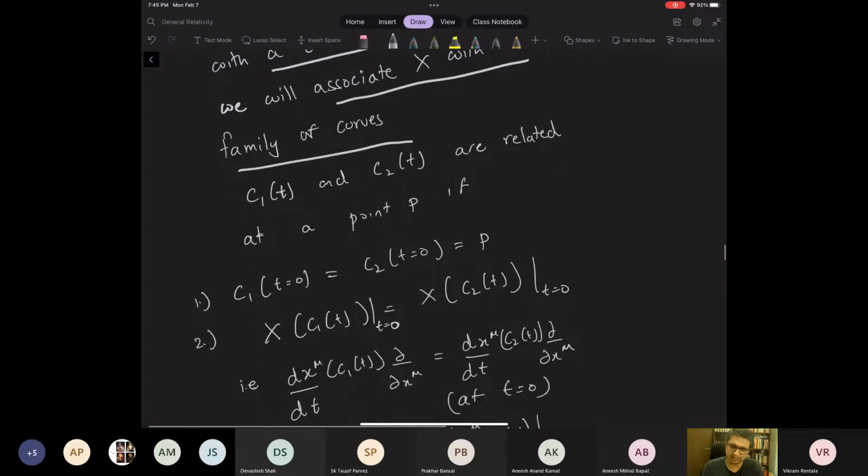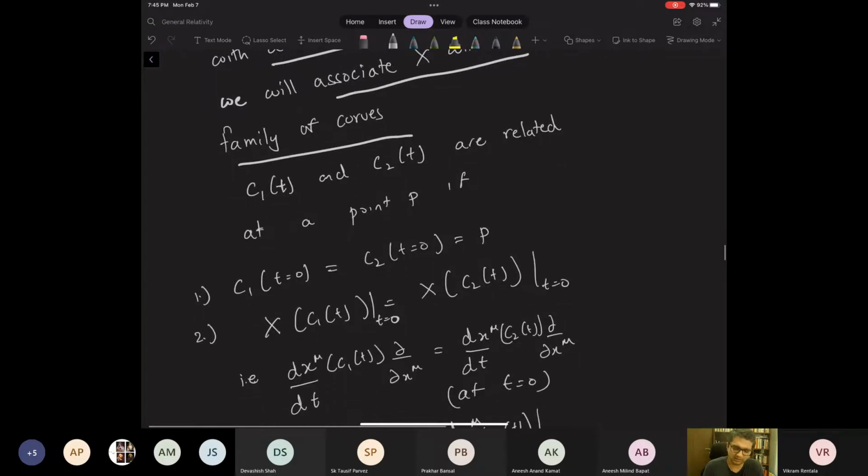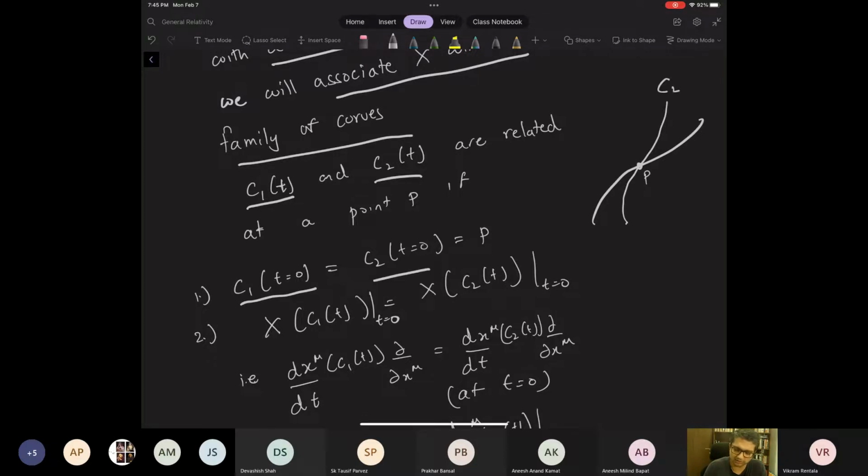So we'll say that if we have two curves C1 and C2 of t, imagine these are the two curves and they both pass through the point P. That is, C1 at t equal to 0 and C2 at t equal to 0 give you the same point P on the manifold.